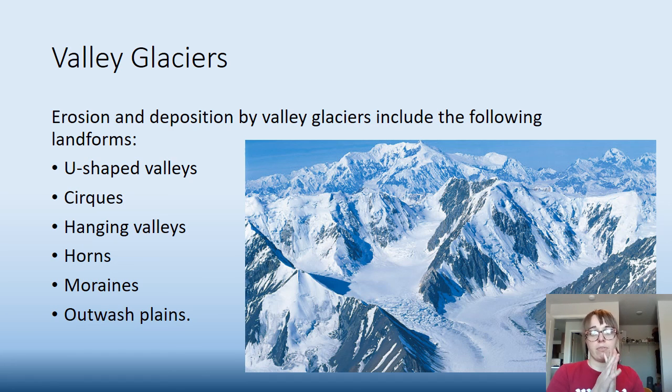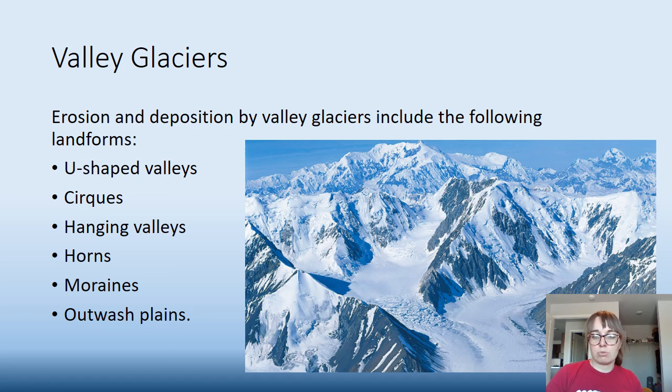So if I were to ask you what the most important feature that valley glaciers create is, I would answer U-shaped valley. They also create super awesome other depositional landforms and also erosional landforms. If you've ever been to the Rocky Mountains and saw really pointy mountaintops, those are likely the result of valley glacial erosion and deposition.